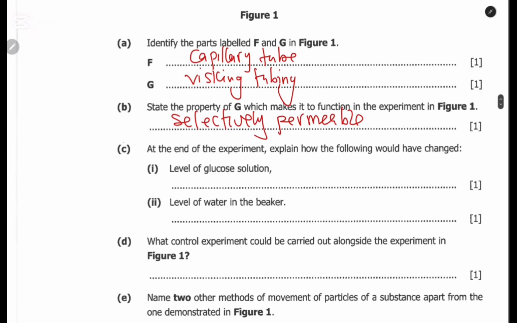Then for question C, at the end of the experiment, explain how the following would have changed. 1, the level of glucose solution.